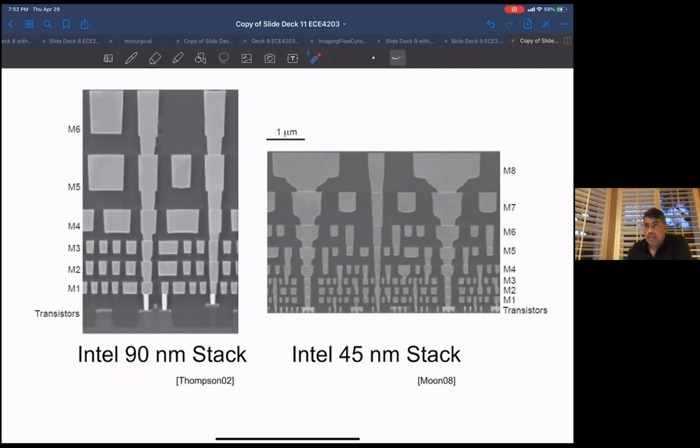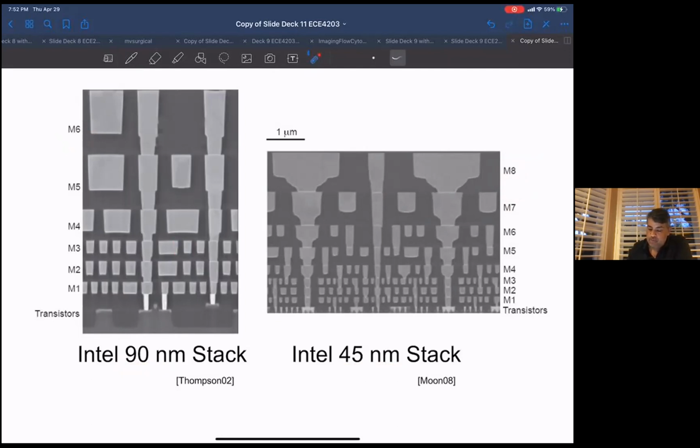There's a limit to that, because each one of these mask layers and processing layers costs something. So the designers are always pushing to have more metal layers, and the marketing people, project managers, management, the money people are always trying to get you to use the fewest metal layers so that the part can cost less.